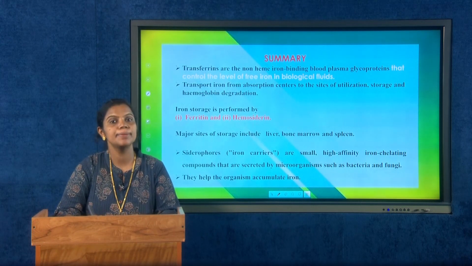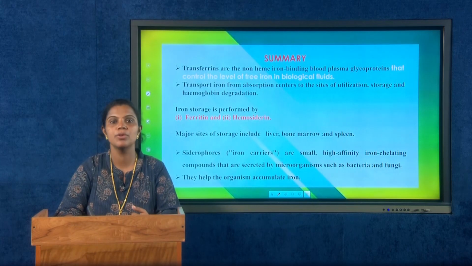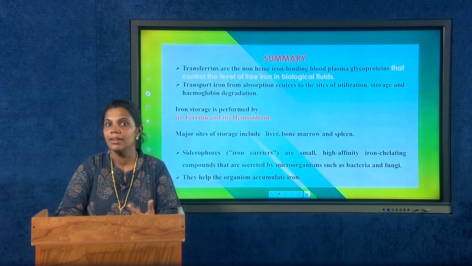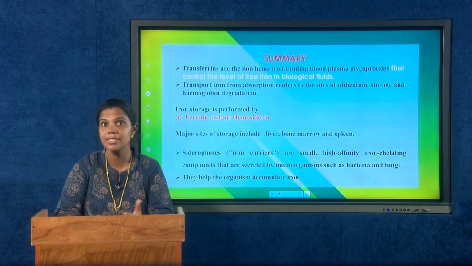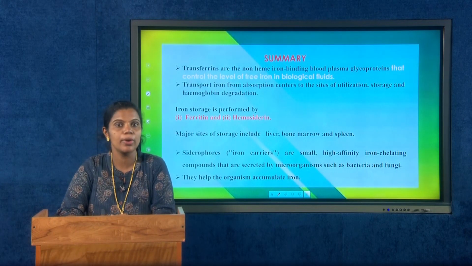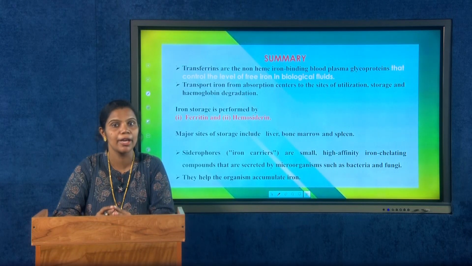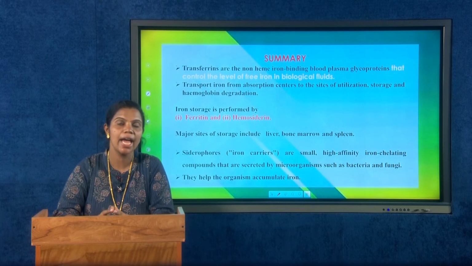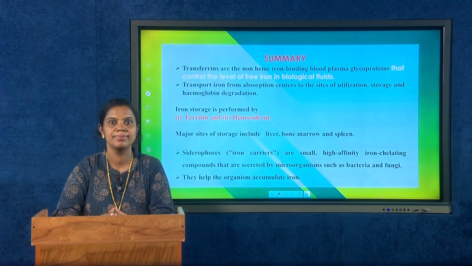We have also learned about the iron storage proteins, mainly ferritin and hemosiderin. The main sites of storage are the liver, bone marrow and spleen. We have also learned about the bacterial siderophores, which are high affinity iron chelating compounds secreted by microbes such as bacteria and fungi. They help these organisms to accumulate iron. Thank you.